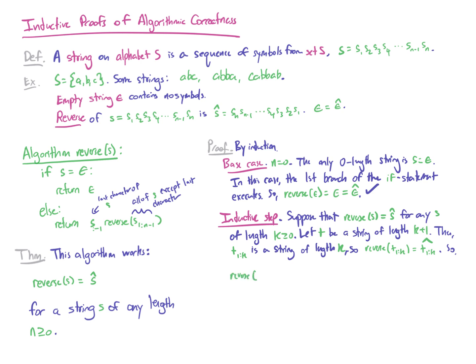Reverse of t is equal to, and now here we need to check. I know that t, if t is a string of length k plus 1, it's not a string of length 0. It's not the empty string. And so that means I'm going to be executing this second clause in my if statement, the else clause.